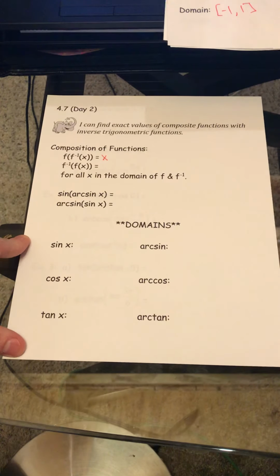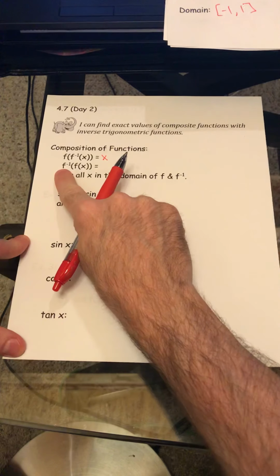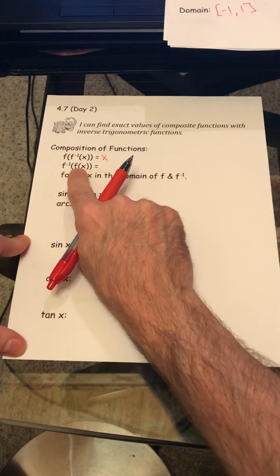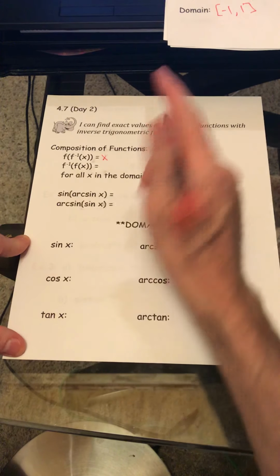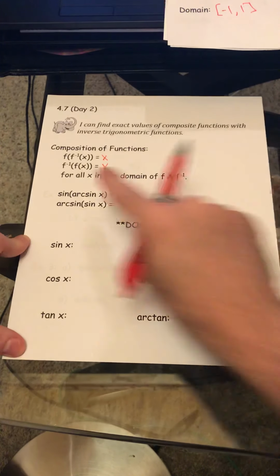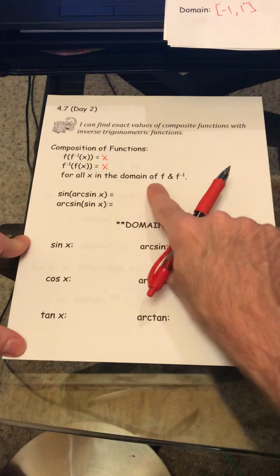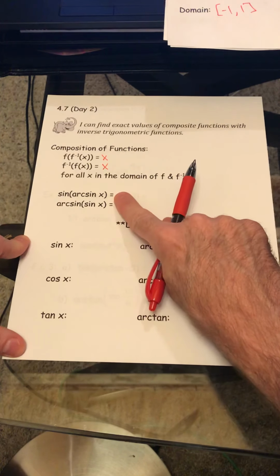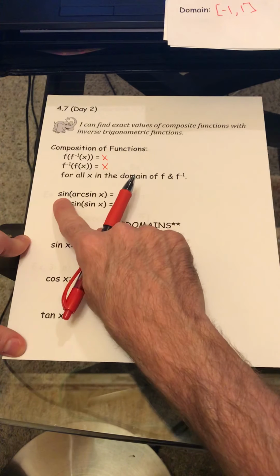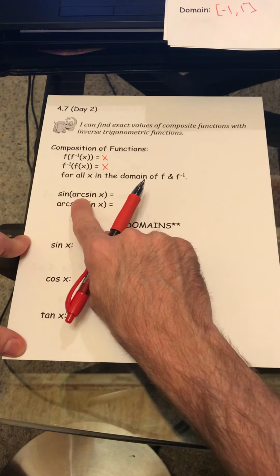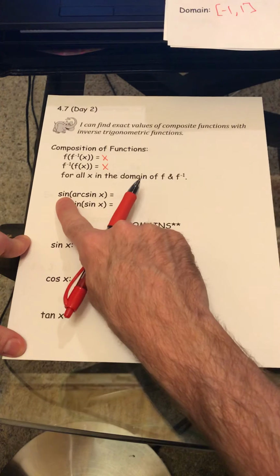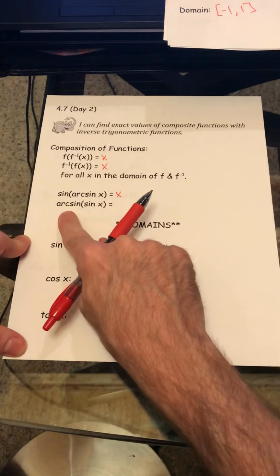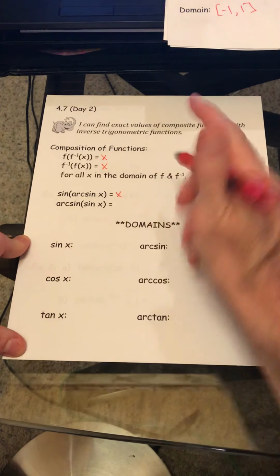And along those same lines, if you look for f inverse of f of x, meaning plug the original function into its inverse, it will also equal x for all x in the domain of f and its inverse. So, which would follow, again, when you see arcsine, that's the same thing as sine inverse. Sine of arcsine of x will equal x, and arcsine of sine of x will equal x.